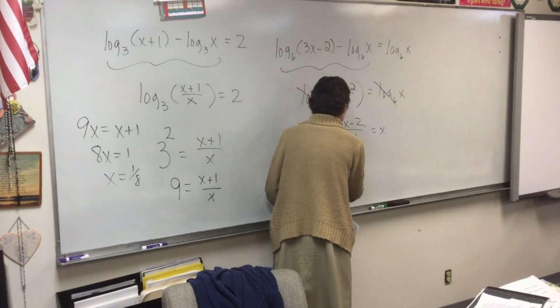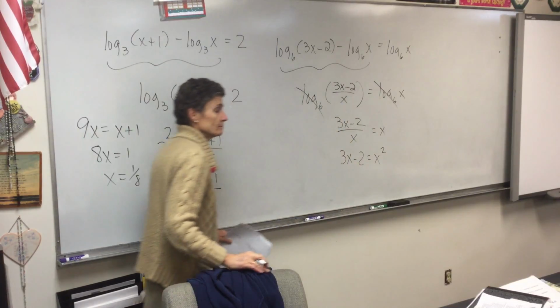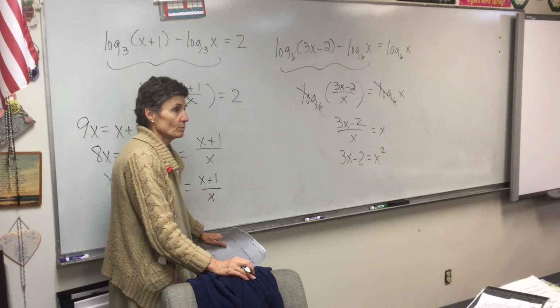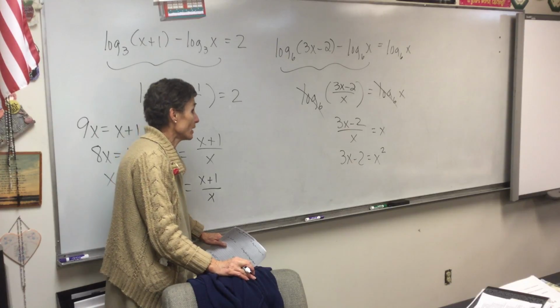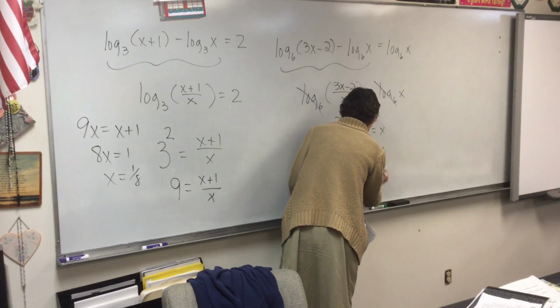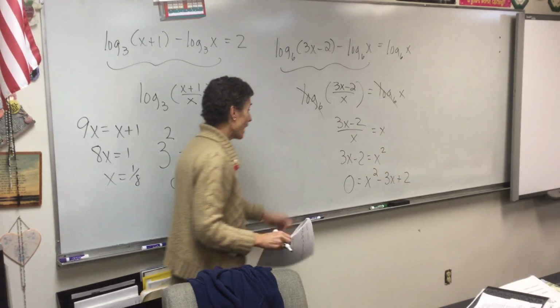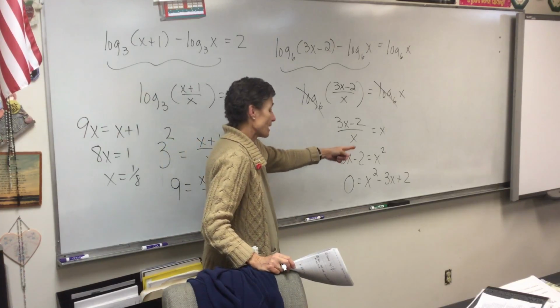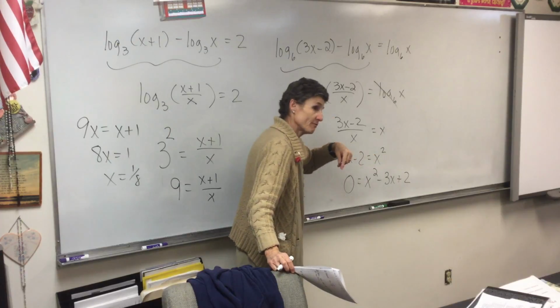So 3x minus 2 equals x squared. Oh, Lord. What is this? This is a quadratic equation. It's an x squared equation. So I'm going to move everything, get it set equal to 0. I went that way because I did not have a very good first-year algebra teacher, and I'm not a very good factorer.